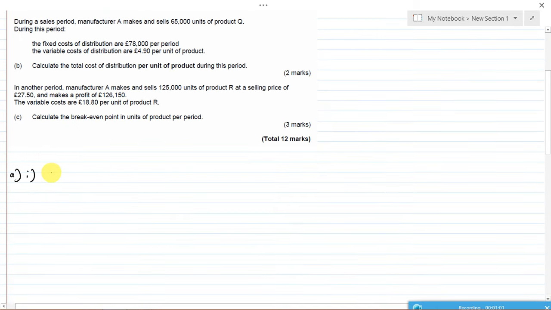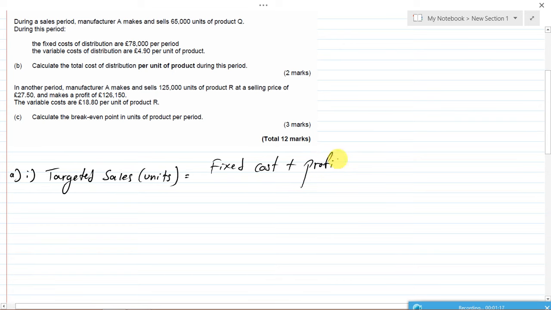Part A1, which is the targeted sales units: fixed cost plus profit, divided by contribution per unit.